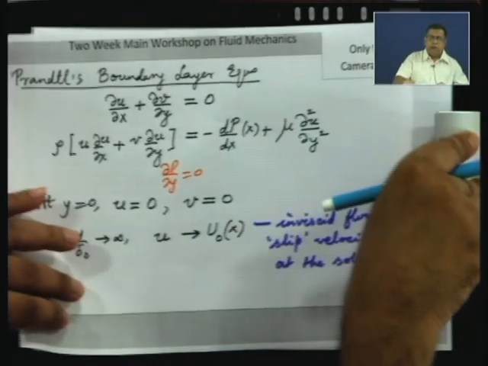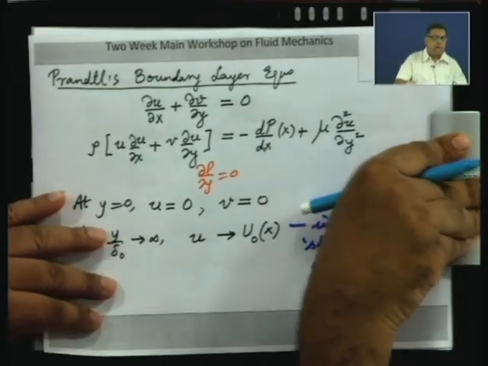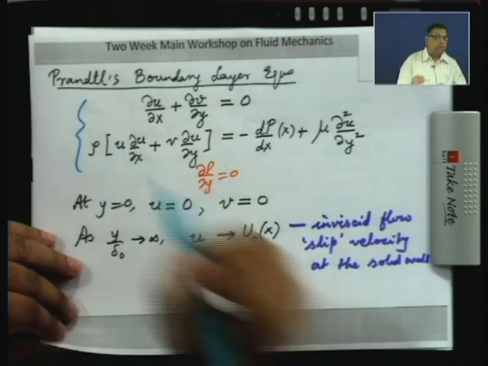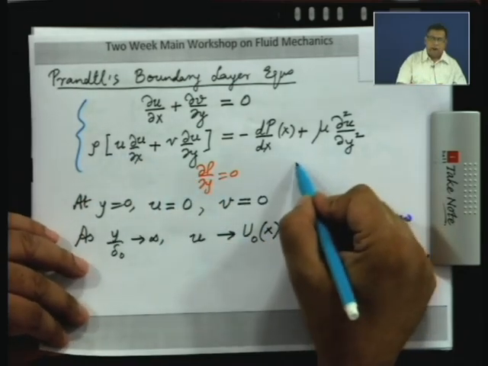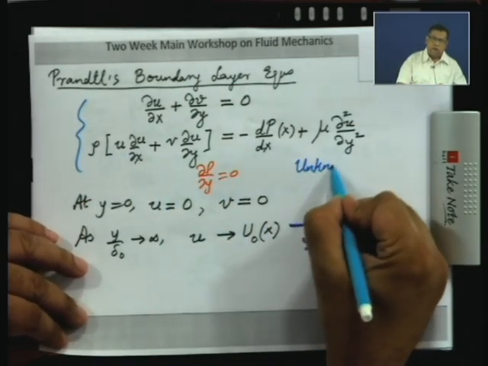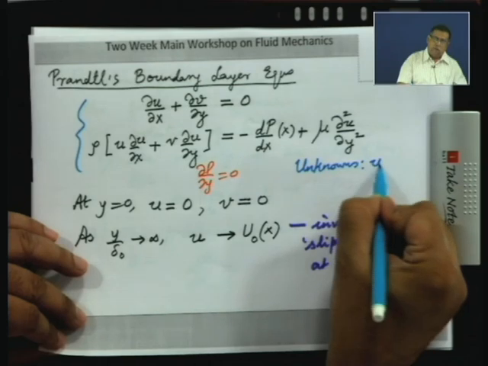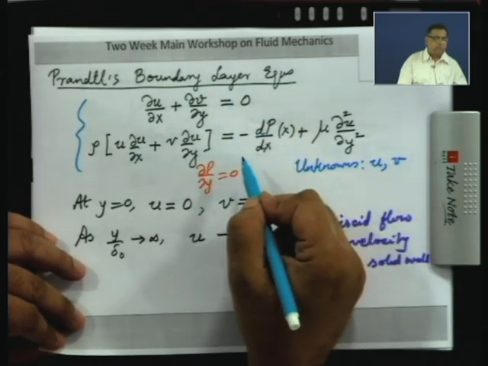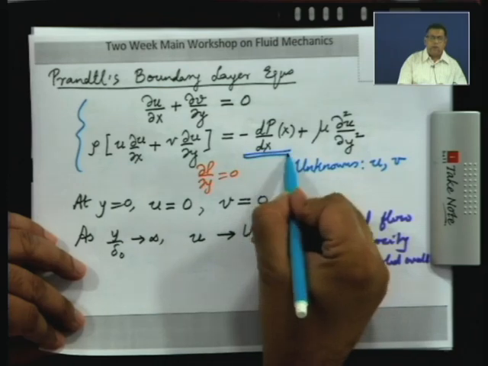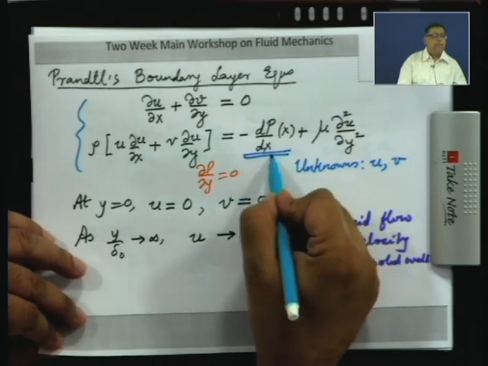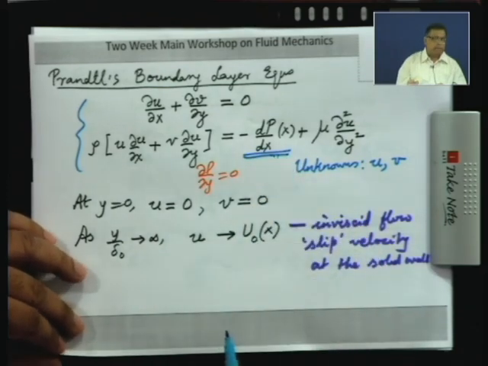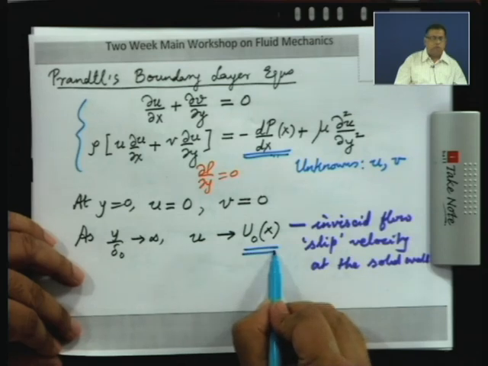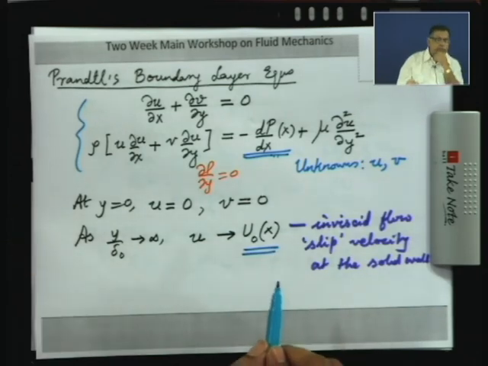If you go back and look at Prandtl's boundary layer equation, you are going to solve only these two equations. There are two unknowns, u and v, and there are two equations. This quantity is not an unknown, it is known and is predicted by the potential flow analysis. Similarly, this quantity also is predicted by the potential flow analysis.